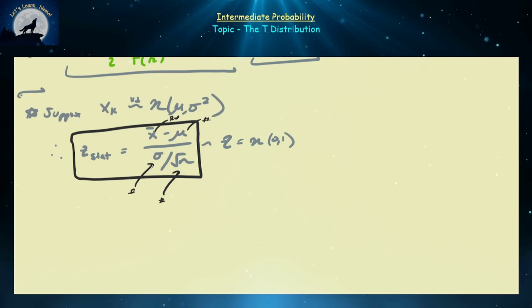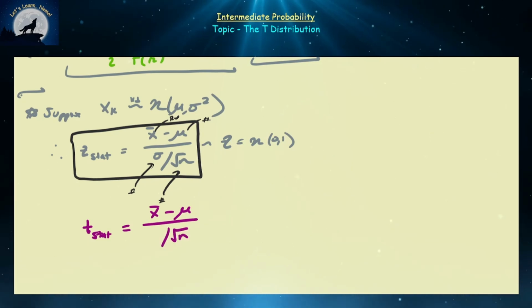So the main thing that differentiates a z test statistic from what people refer to as a t test statistic is the bottom. So it's still going to be equal to x bar minus mu all over something, a standard deviation over the square root of n, but now we're going to have s.